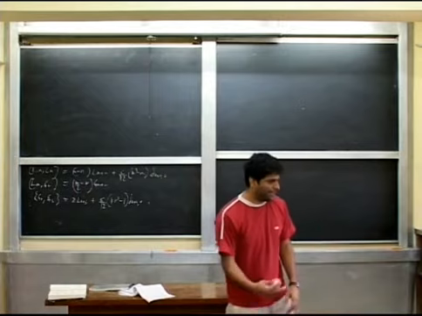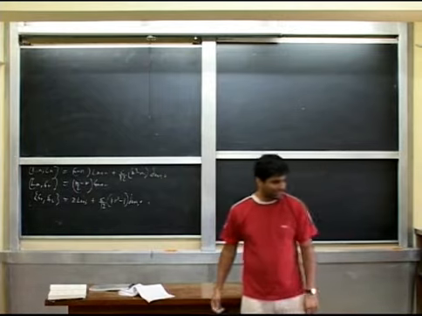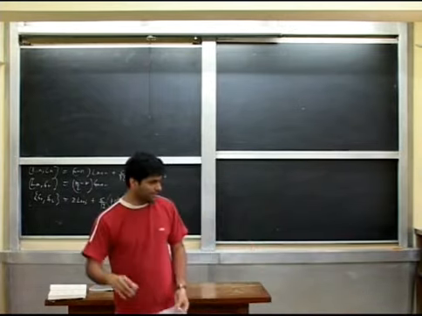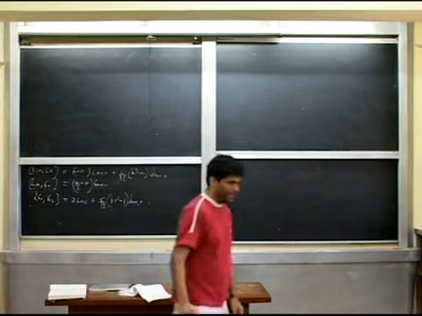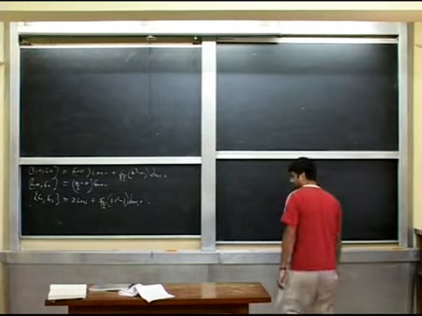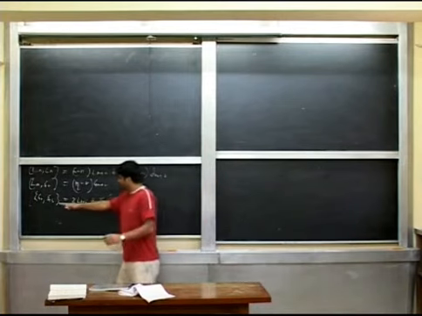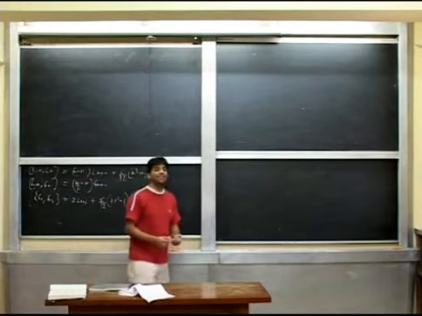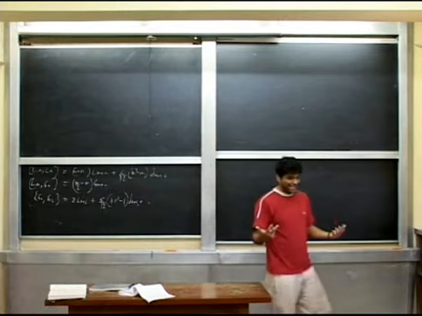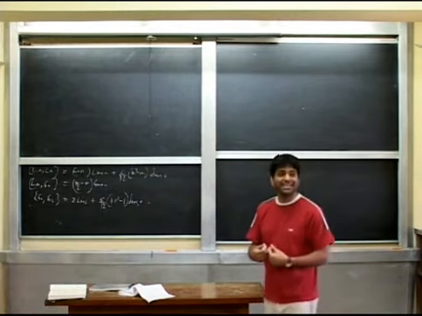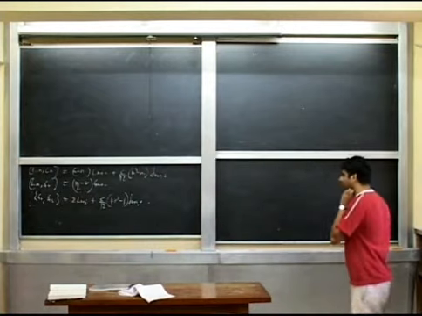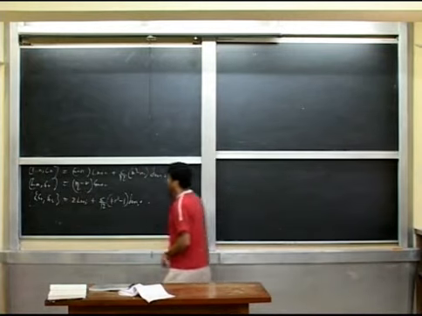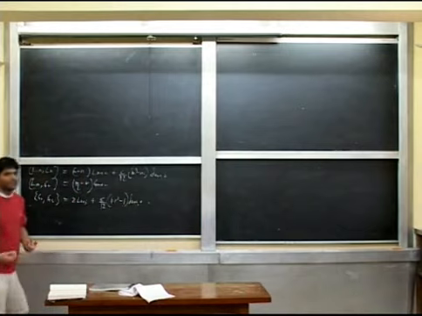We just had that abstract formula for what G was in terms of the current. So this is going to be true both in the Ramond sector as well as in the NS sector of the theory.